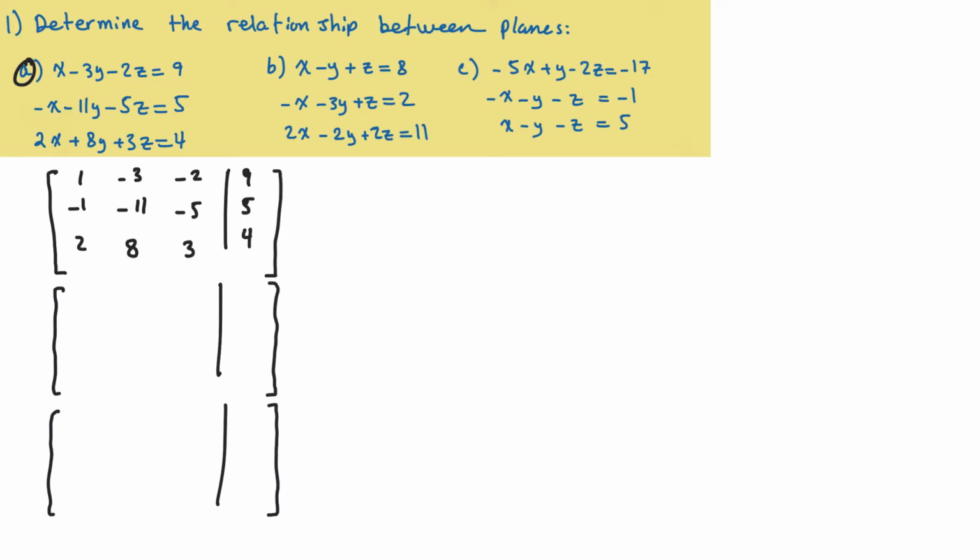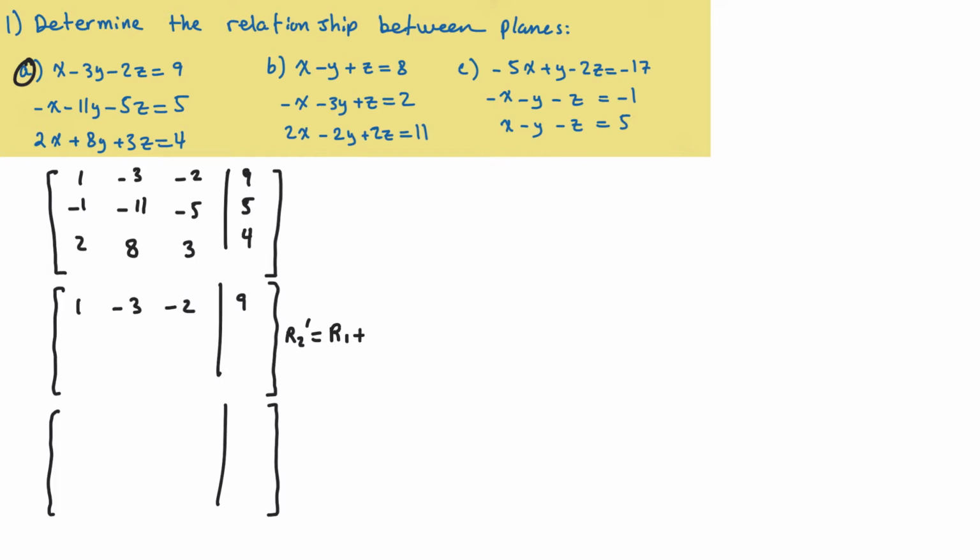Once we have this, we can start reducing the values for the coefficients of x in the second and third rows. To do this, we're going to keep the first row as is. So 1, -3, and -2, 9. For row 2, we are going to just add the first row to the second row, and that would get rid of the x component, or make the coefficient of x 0.